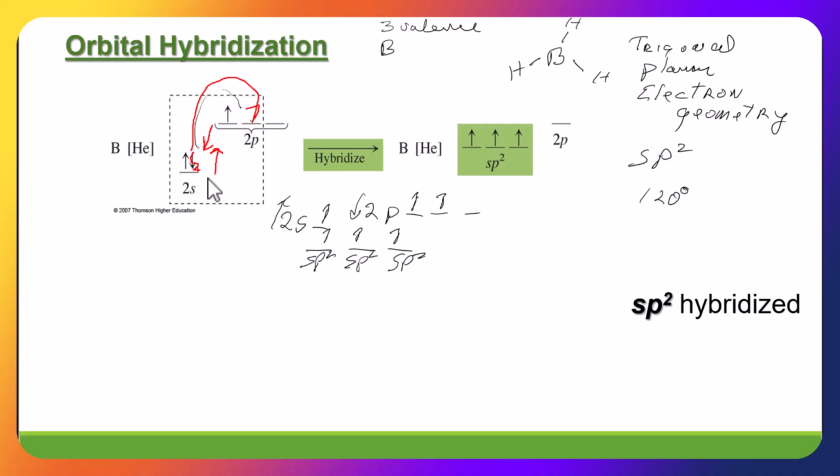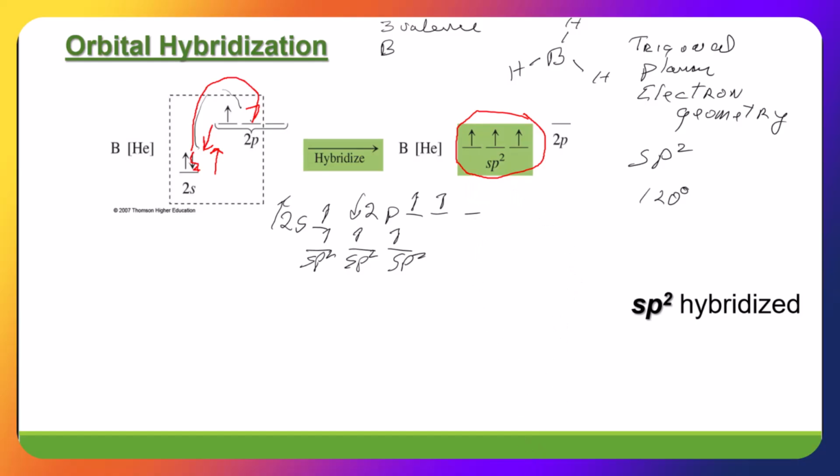Why would the atoms do that? Because now they can make 3 bonds. Boron can now make 3 bonds because it's got 3 unpaired electrons. And so what we have are 3 sp2 hybridized orbitals, each with unpaired electrons. They can make bonds, and so boron will make 3 bonds. The hybridization is sp2.